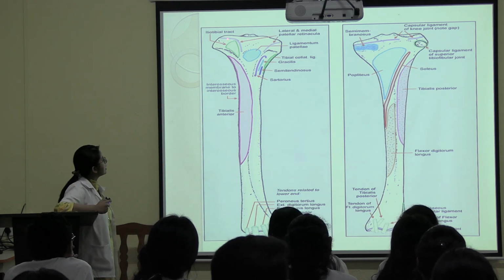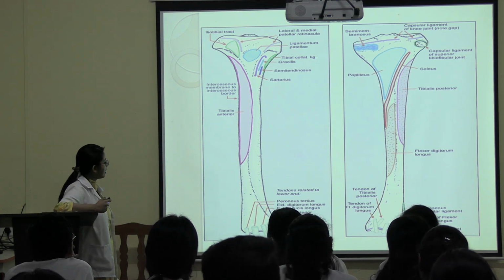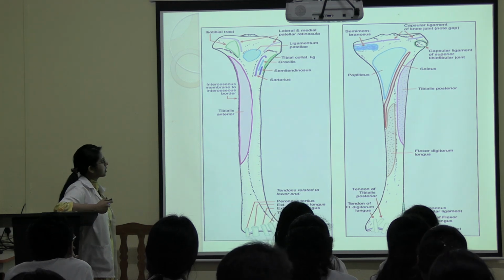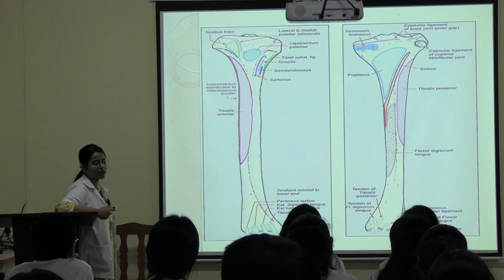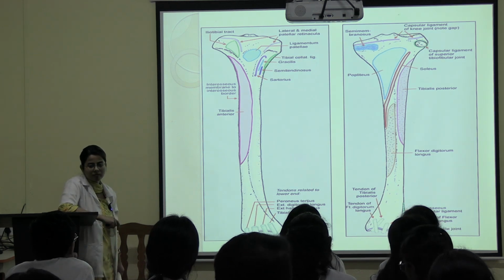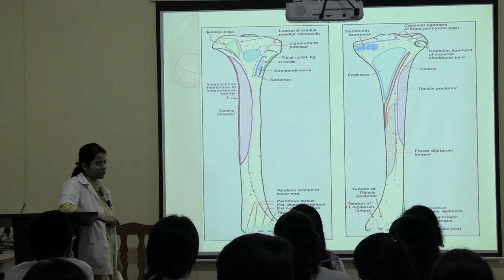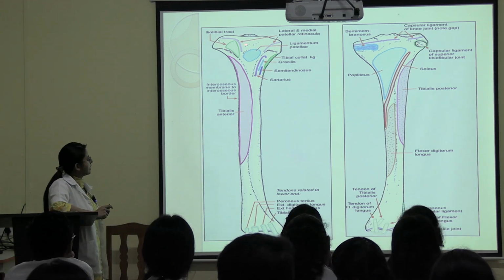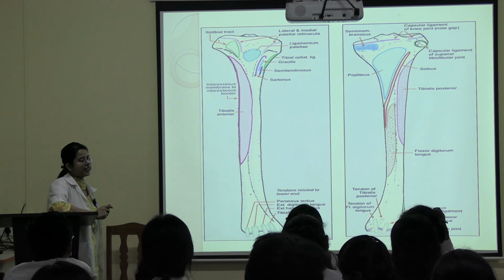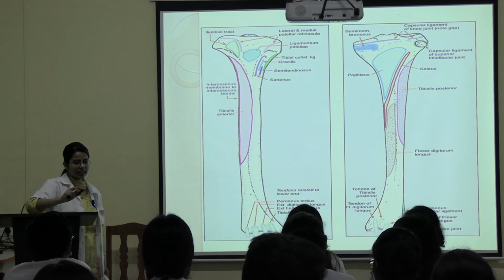Clear? In the anterior and medial part, this capsule will be known as the medial patellar retinaculum. What is the retinaculum? Deep fascia. And anteriorly and laterally it will be called the lateral patellar retinaculum. Clear?